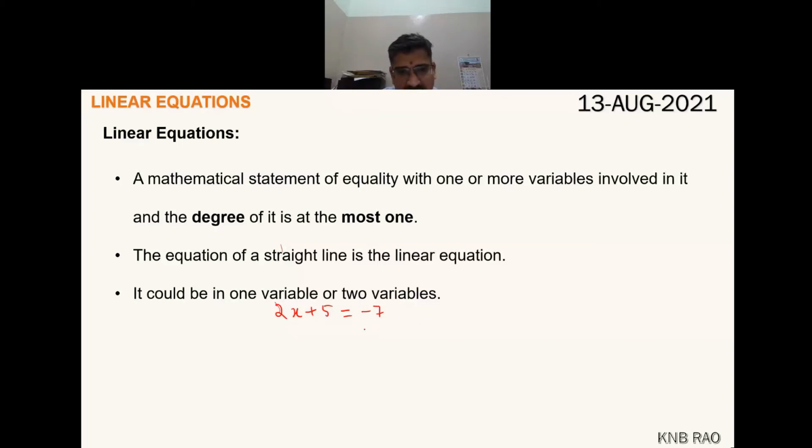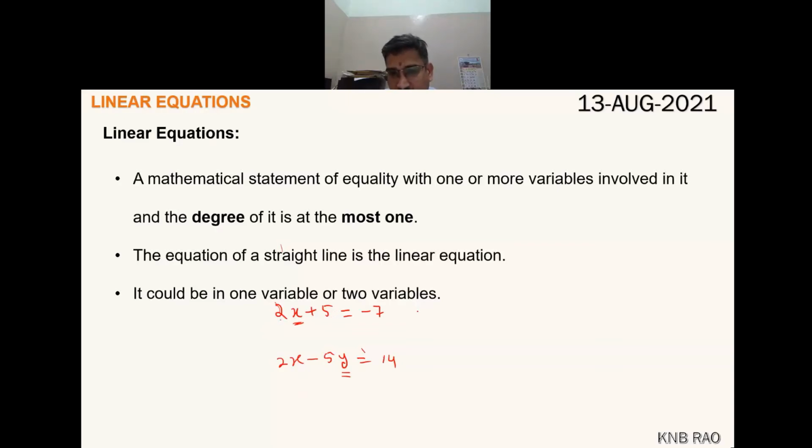For two variables, it can be like 2x minus 5y equals 14. Here I used x alone, whereas in this I used another variable y. Here 2 is called the coefficient of x and this 5 is called the constant.